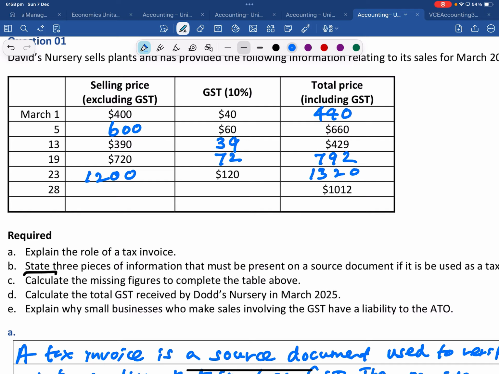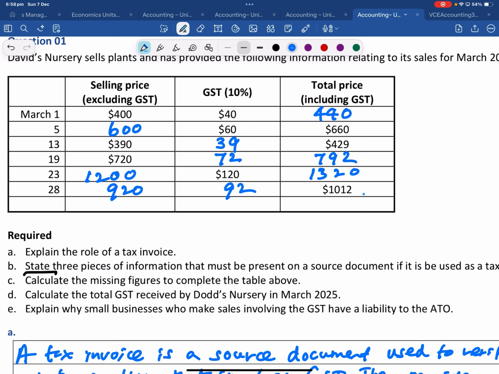Then the other one is how much? 920, 92, 1012.